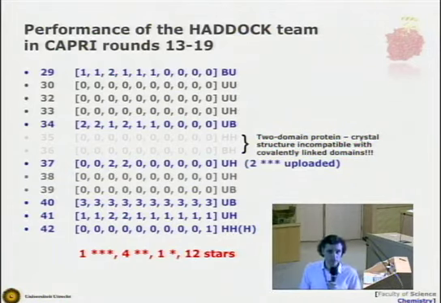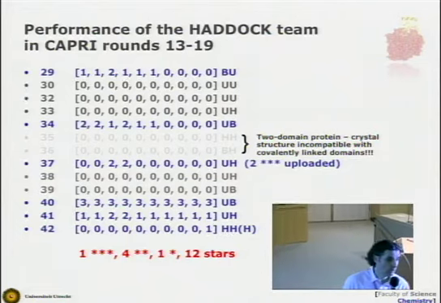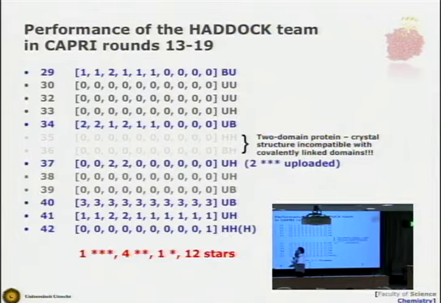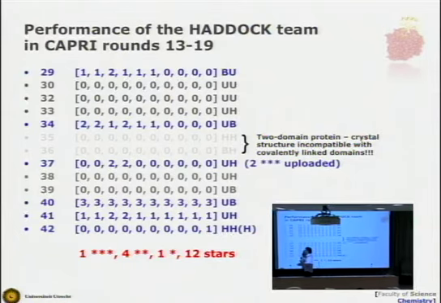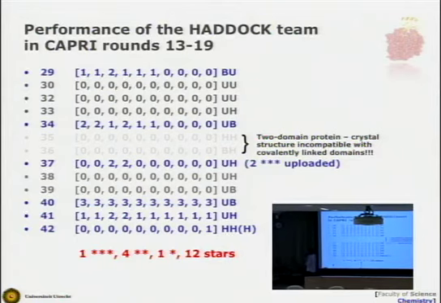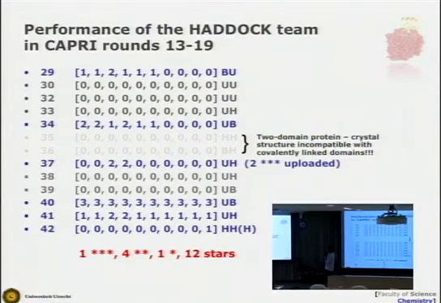This is the number of stars: 3 will be high accuracy, below 1 angstrom and more than 50% of the contacts; 2 will be medium accuracy, below 2 angstrom interface RMSD and 30% of contacts; 1 will be acceptable.